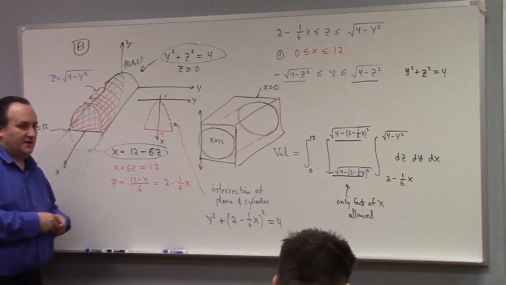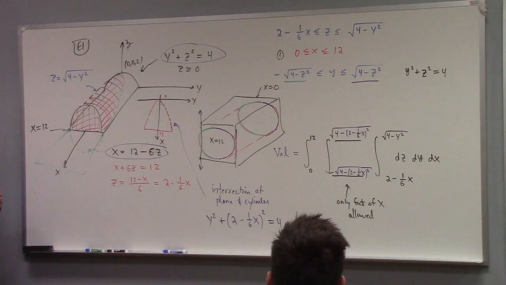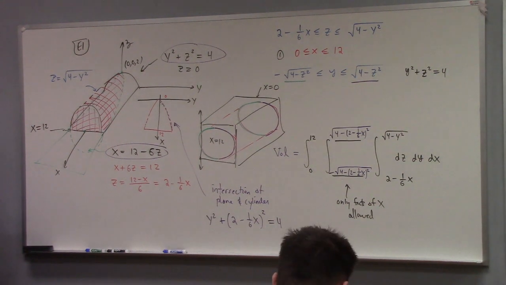Now, if I was actually going to try to calculate this, I don't think I would calculate it the way we're currently doing. I would set it up the way we're doing, but I probably would introduce coordinates. What coordinates do you think you'd use here? Cylindrical coordinates with r, theta, x.